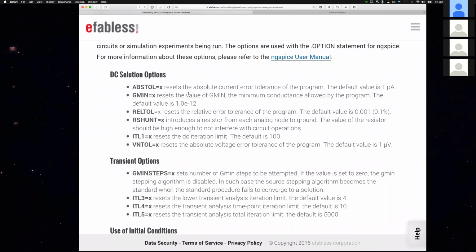Now some of these parameters are not just about accuracy, like the Gmin, for example, or R shunt. There is an indirect effect, especially for Gmin. Gmin represents the minimum conductance that can be analyzed. If you're changing it, you're basically almost putting a filter on the circuit.